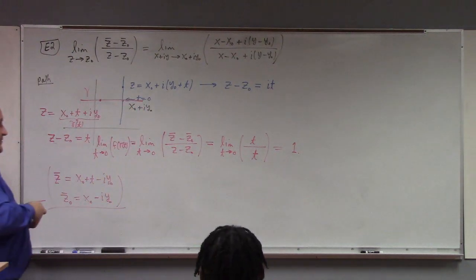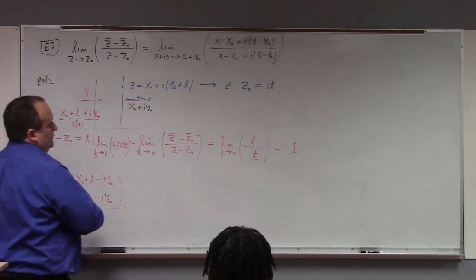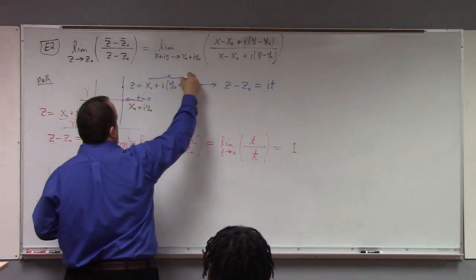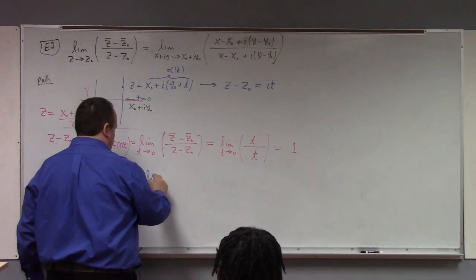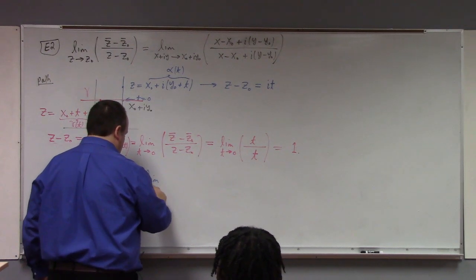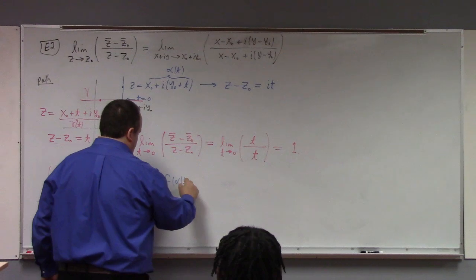But what happens for the blue path? Let me call this guy right here alpha of t, all right? What's the limit as t goes to 0 of f of alpha of t?